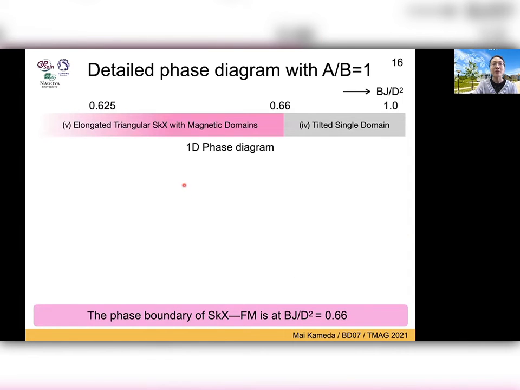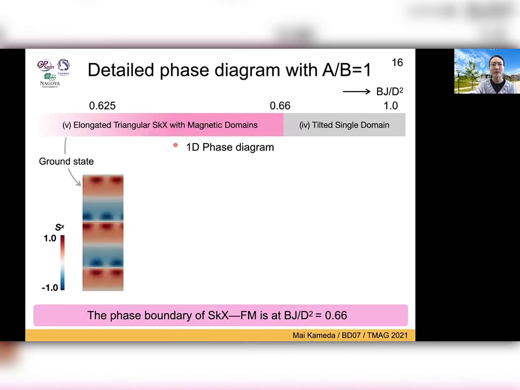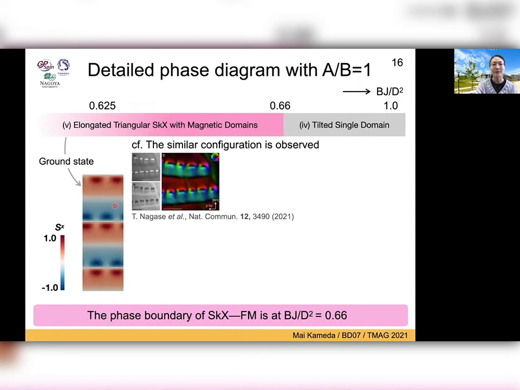This is the obtained phase diagram when we change the magnitude of the external magnetic field. Up to 0.66, the elongated triangular SKX is the ground state. A similar configuration is observed experimentally in a very thin chiral magnet film.